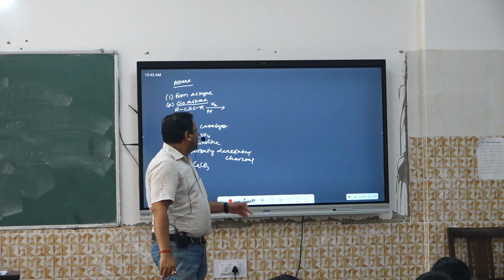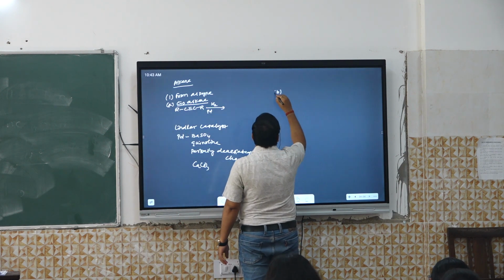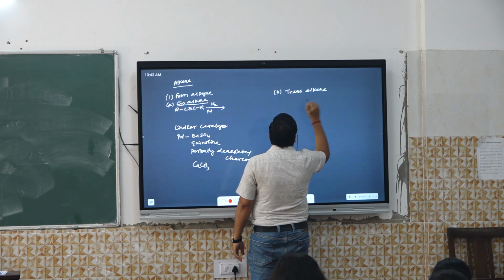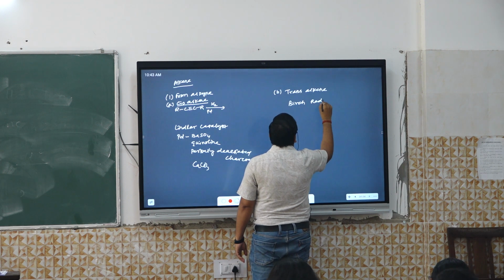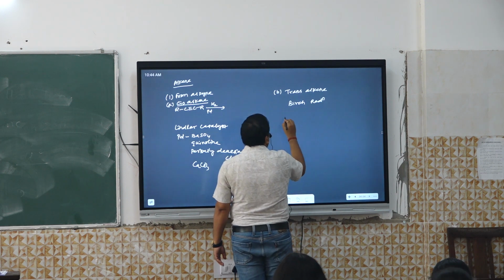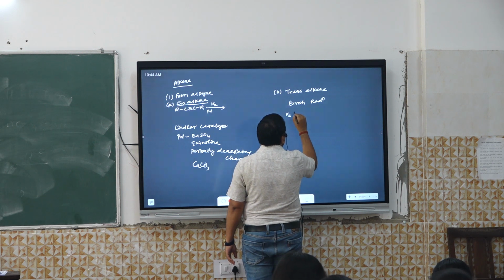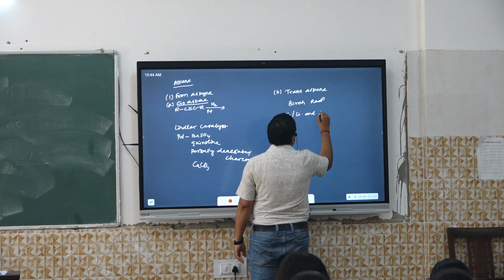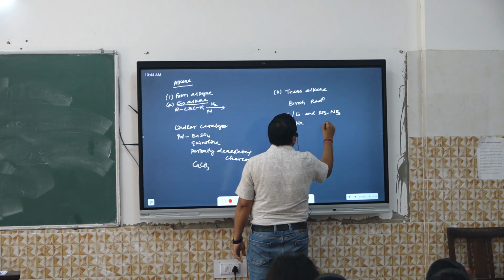Okay. Next, trans alkene. So this reaction is known as Wurtz reduction. Okay, and along with hydrogen, it is using lithium and liquid ammonia or sodium and liquid ammonia.